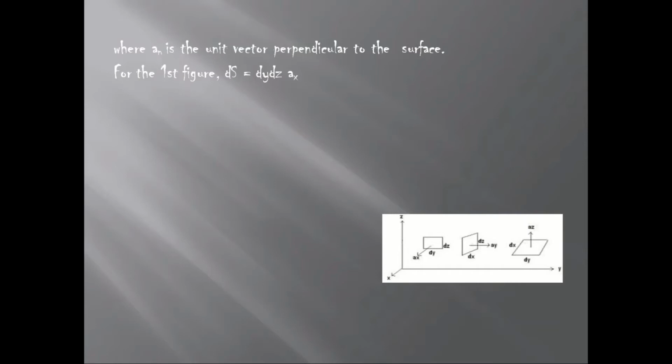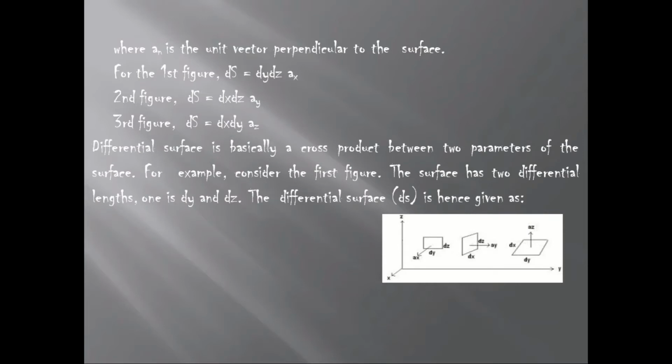From the second figure, you can see dS equals dx dz ay, and in the third figure dS equals dx dy az, as dx dz is the surface and ay is the unit vector passing through the second figure's surface, and from the third figure dx dy is the surface and az is the unit vector that is passing through it.